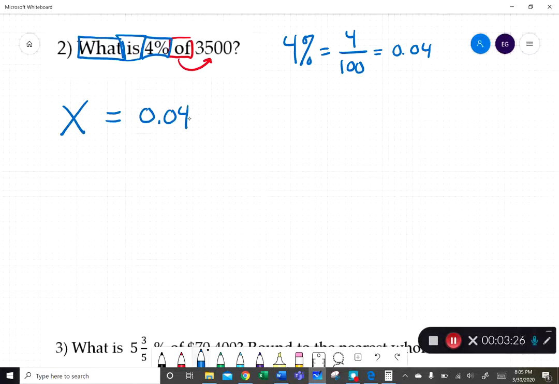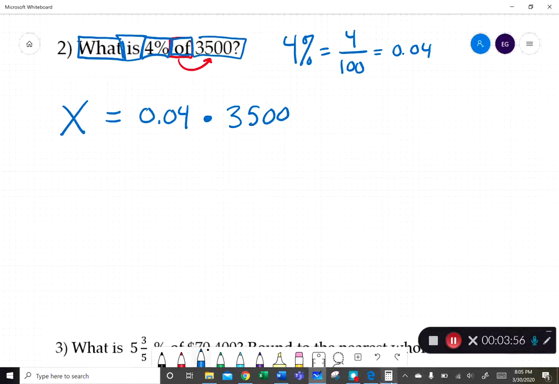So what is 4% of is multiply, 3500, and 3500 is already a number, so we don't need to change that. Okay, so again, in this case, x equals, well, x is the number we're looking for. That's the what in the original problem. So what is 4% of 3500?